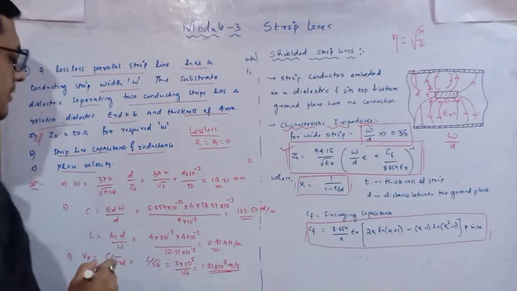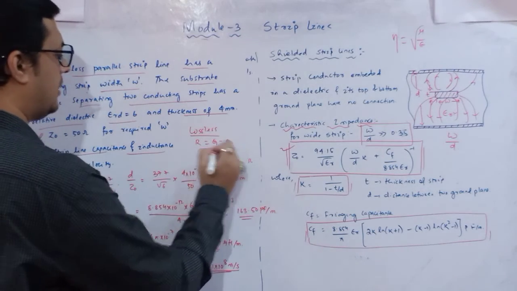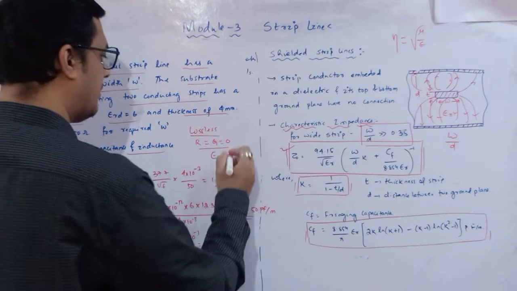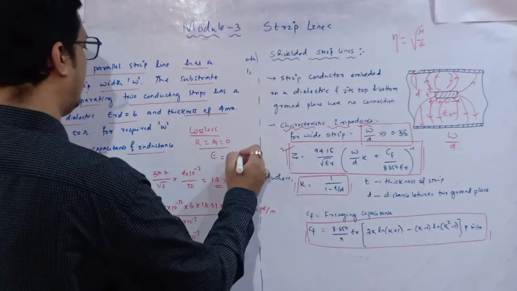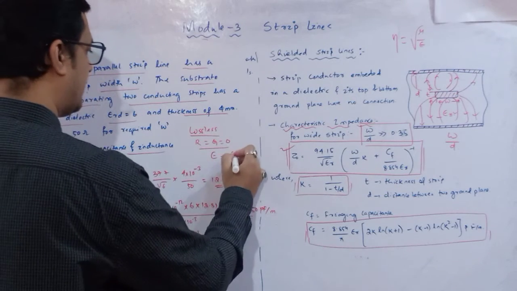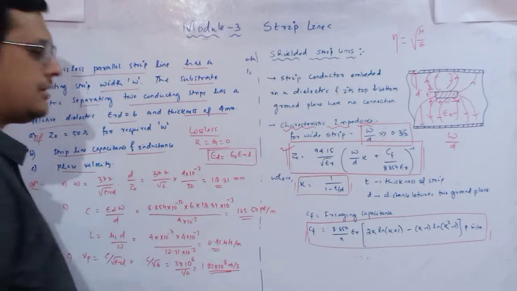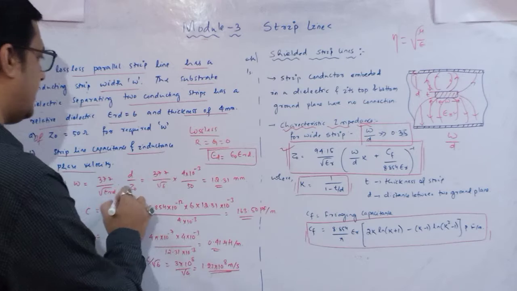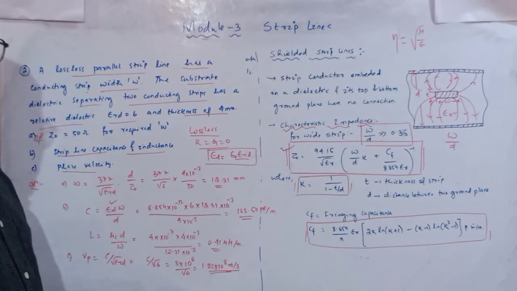So this much will be your phase velocity. Always remember that the total epsilon is epsilon naught into epsilon RD. This is epsilon D, the relation that I substituted here. Substitute the value and you will get your answer.